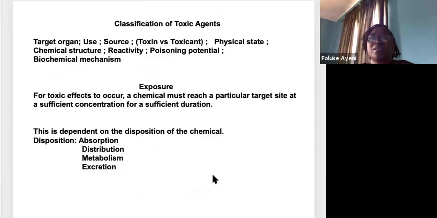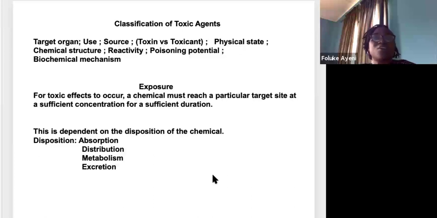All right. Now, how do we classify toxic agents? Toxic agents can be classified according to the target organ, that's the organ where they exert most of their effects. On the use of the toxic agent, it could be classified based on the source where the toxicant is obtained from.